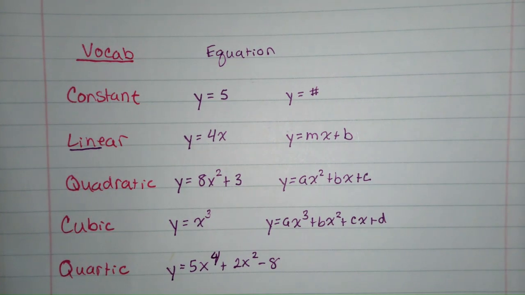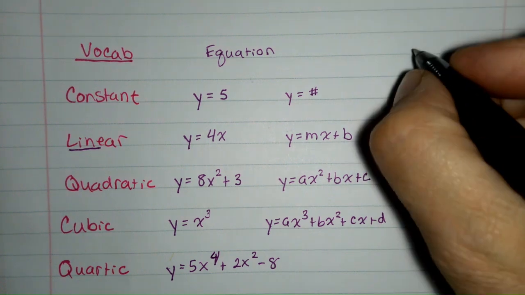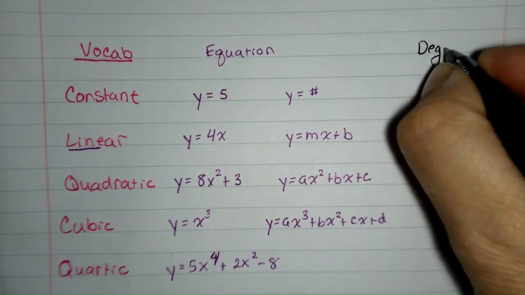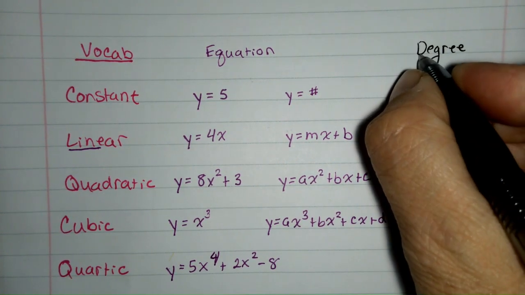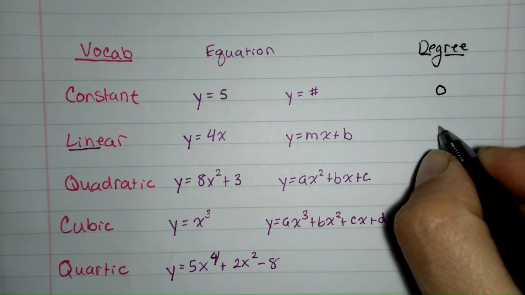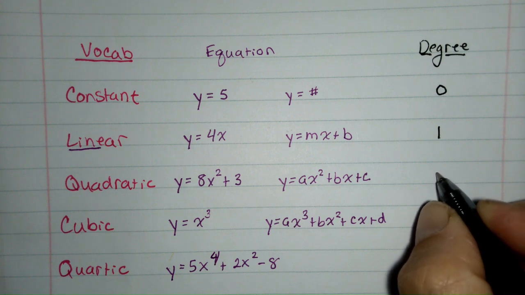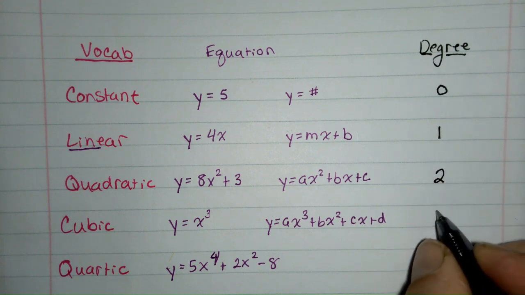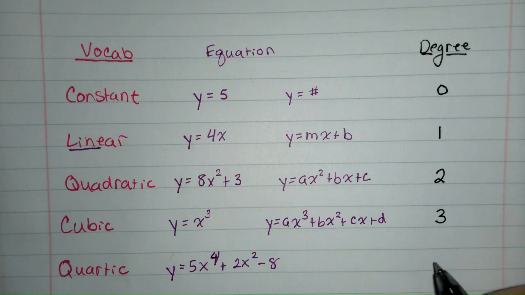So when looking at equations, you need to know the degree. And these are polynomials. In this case, constant has a degree of 0, linear has a degree of 1, quadratic has a degree 2, cubic has a degree 3, and quartic has a degree 4.